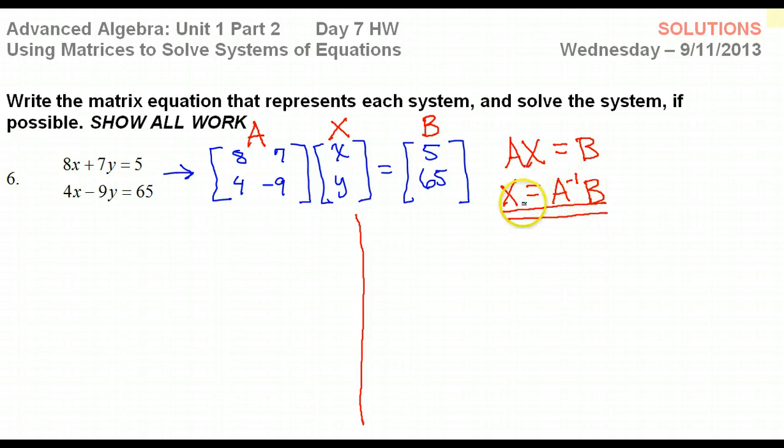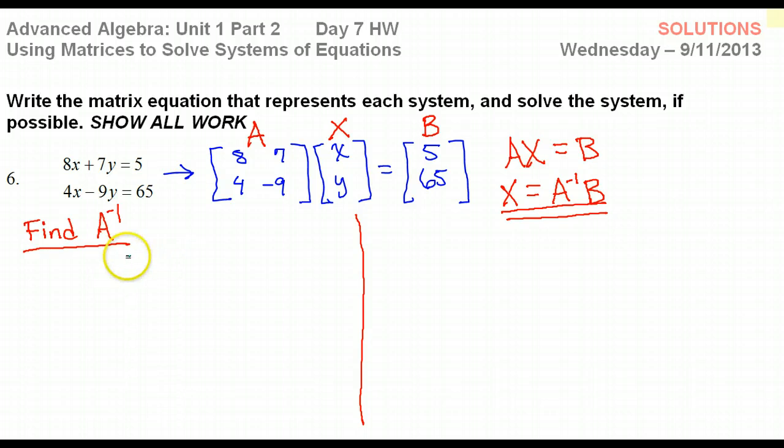So if I need to find the variable matrix, I need the inverse of A. I've got B. So let's find the inverse of A. So that's sort of step one, we need to find A inverse.